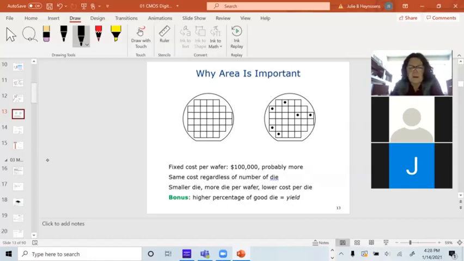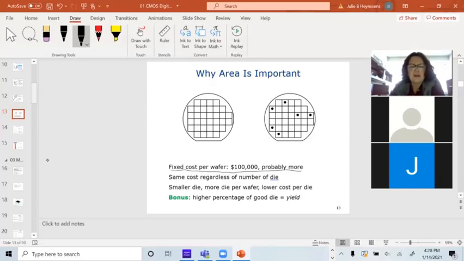The cost per wafer is fixed given the process. These things are expensive. It can be $100,000, and as the processing dimensions go down, it's more. The price keeps going up, but the processing dimensions mean I can squeeze more chips on there, so I've got more die to sell.